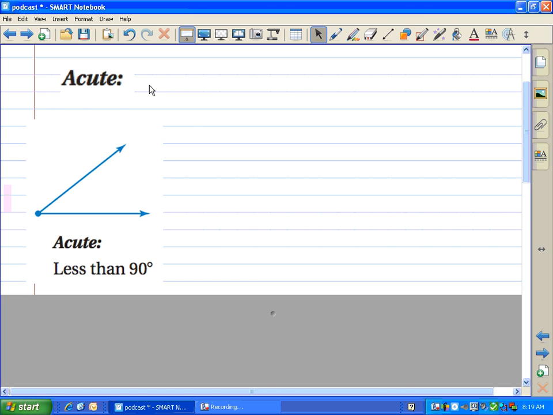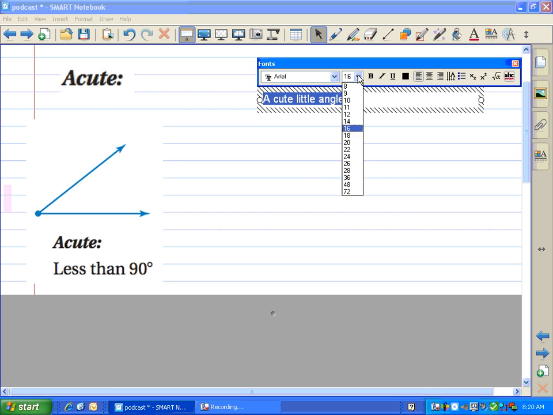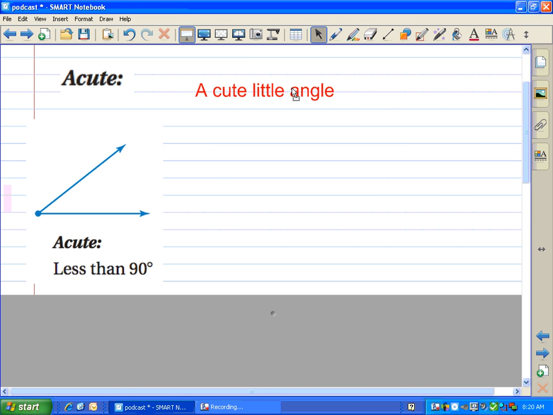An easy way to remember acute angle: the doctor walked in to the hospital room and said, "Congratulations, Mr. Angle. Congratulations, Mrs. Angle. You are the proud parents of a cute little angle." Acute angles are little.